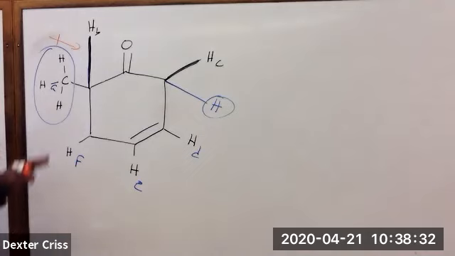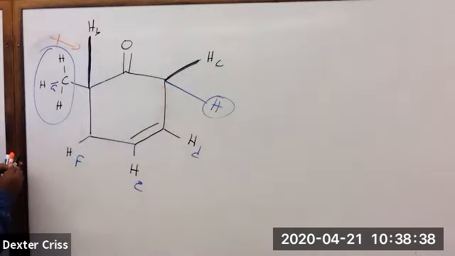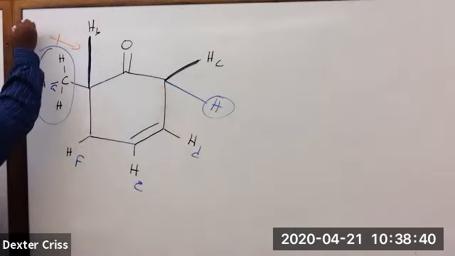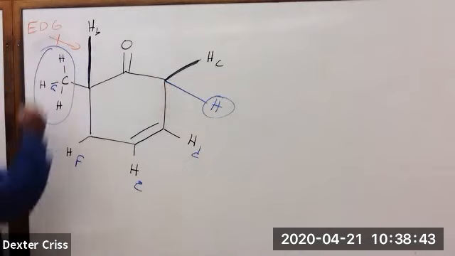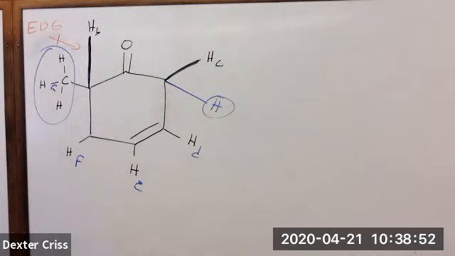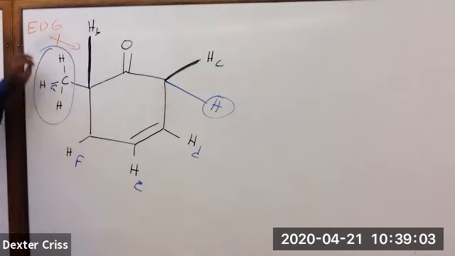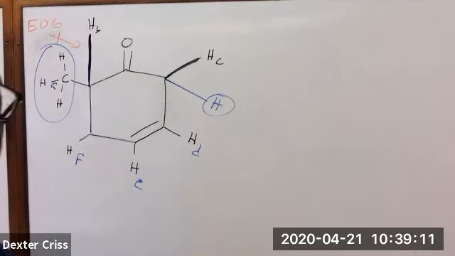The only thing that's different is the electronic density of HB and HC. The methyl group, if it's an electron donating group, will it increase electronic density or will it decrease electronic density here?